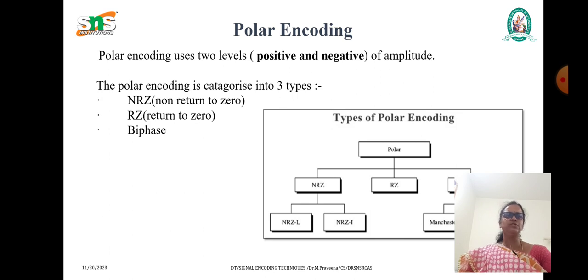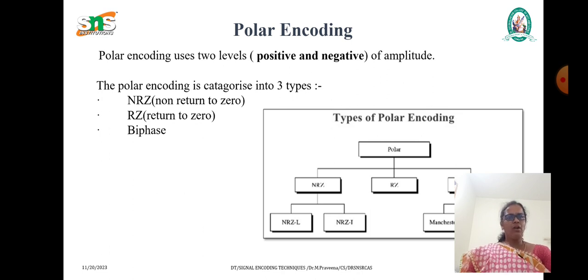Next we are going to see polar encoding. Polar encoding uses two levels of amplitude, that is, a positive level and a negative level. Polar encoding is differentiated into three different types: NRZ, that is non-return to zero, RZ, return to zero, and biphase.